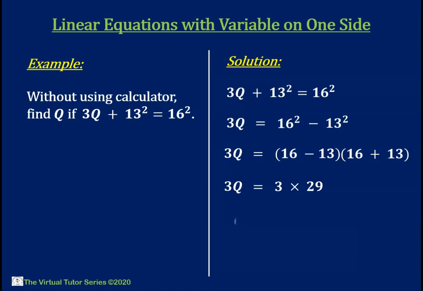This produces q is equal to 3 times 29 all over 3. Three cancels out 3. Therefore, q is equal to 29.